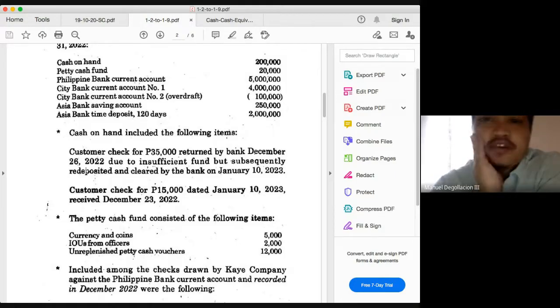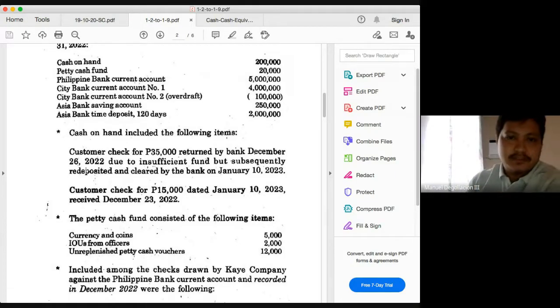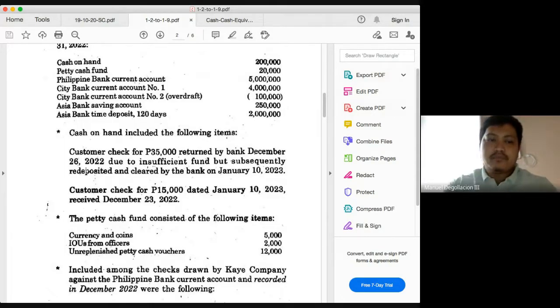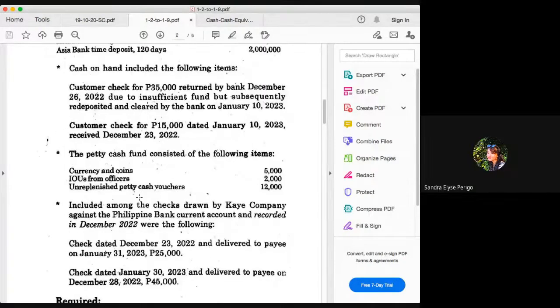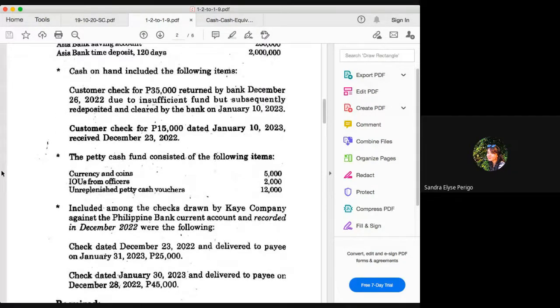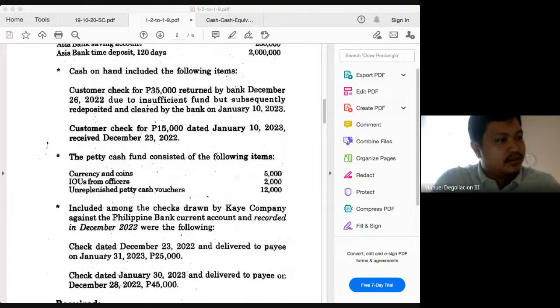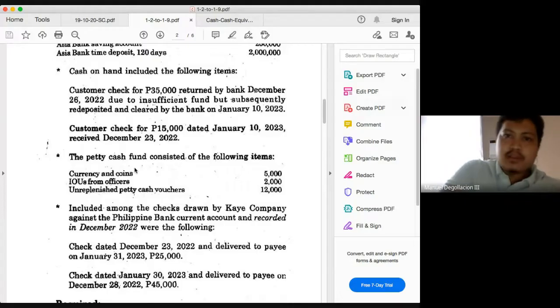Include the 4 million, deduct the 100,000, include the 250,000, exclude the 2 million time deposit, and our total cash should be how much? 9,375,000, sir. Should be 9,375,000. Okay. We will skip the petty cash fund problems and proceed to the next.